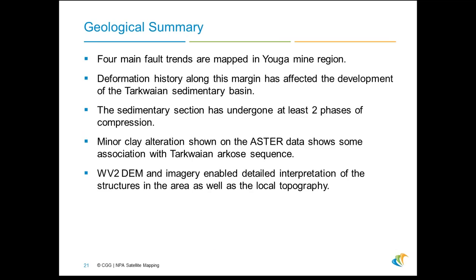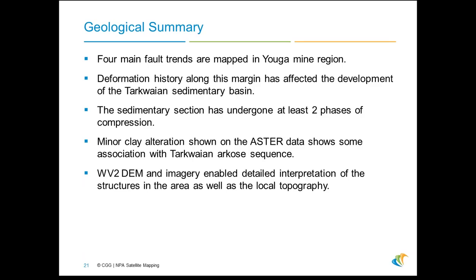To give a bit of a geological summary to this particular example, in terms of geology, it's been possible to map 4 main fault trends in this region. It's also been noted through the interpretation that the deformation history has affected the development of the sedimentary basin, which has made it more challenging from a spectral perspective.